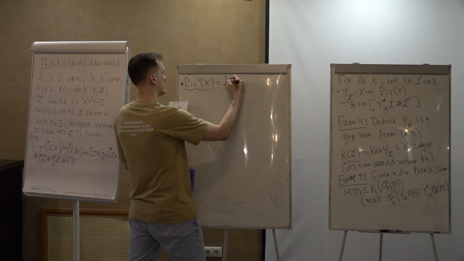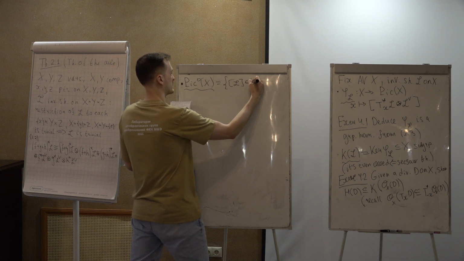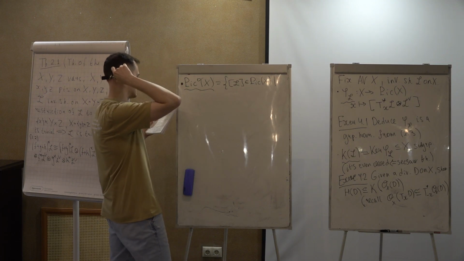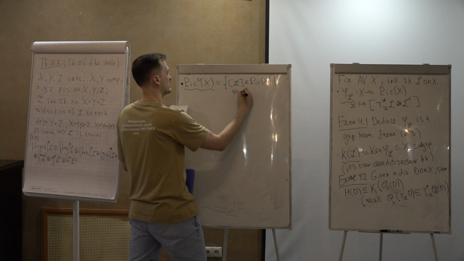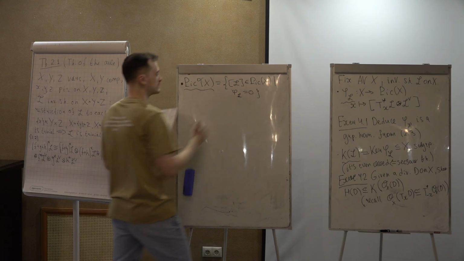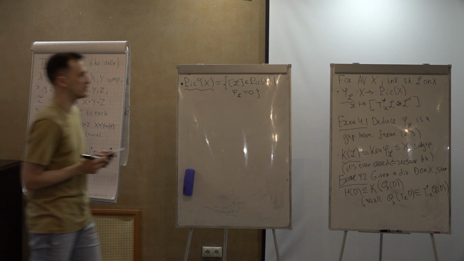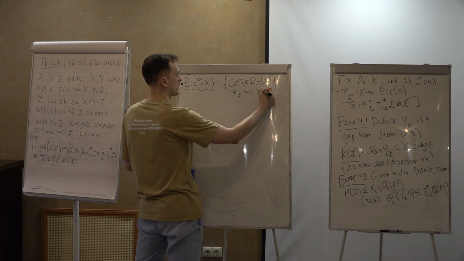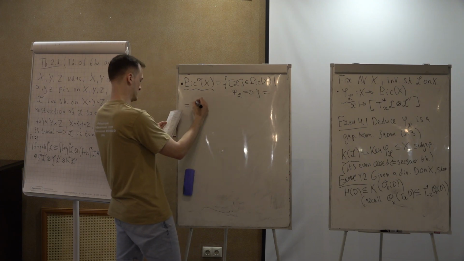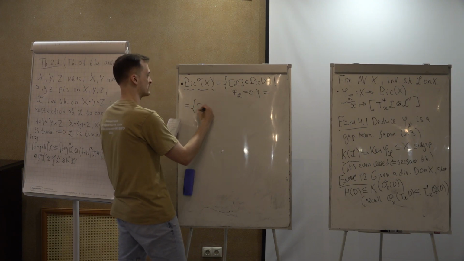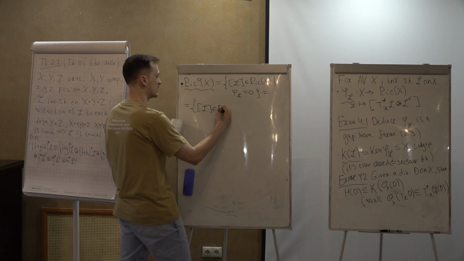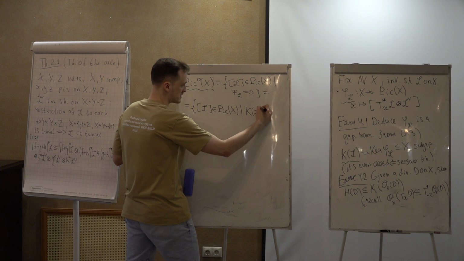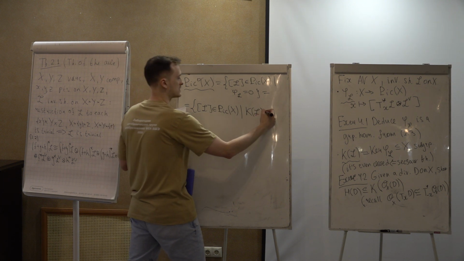That would be all classes of sheaves in the Picard group such that phi of L is the 0 map. So it maps every point to a trivial sheaf. Or in other words, we can rewrite this as classes in the Picard group such that the kernel is the whole X.